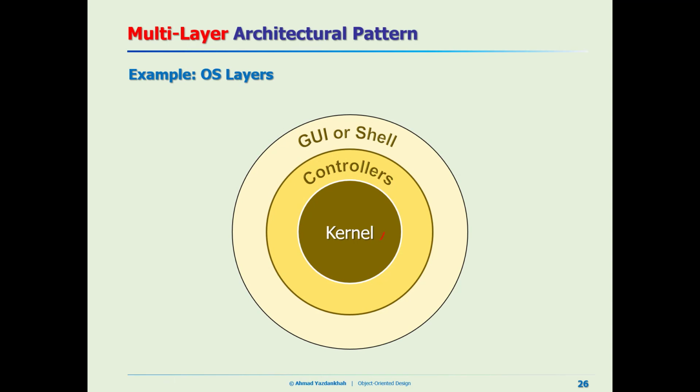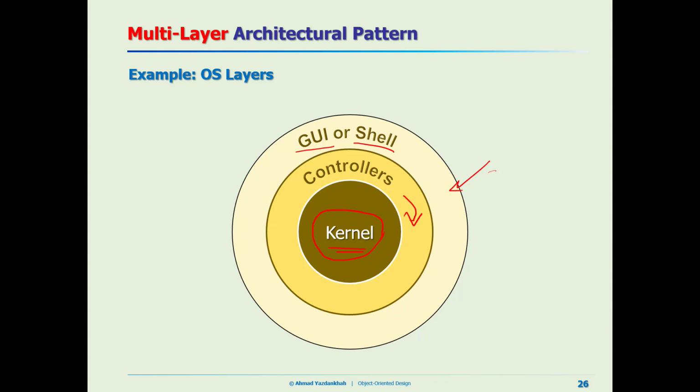So on the core, in the middle, we have the kernel, and after that we have the controller layers, and the outer shell of the operating system is just the GUI and/or the shell, like bash for example, or the Windows command prompt.